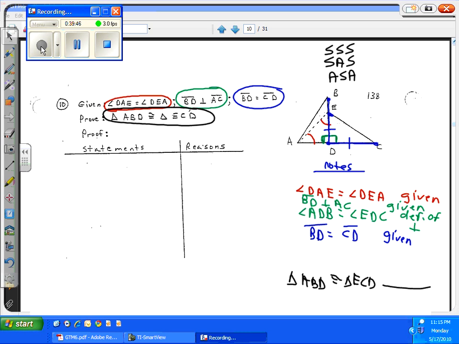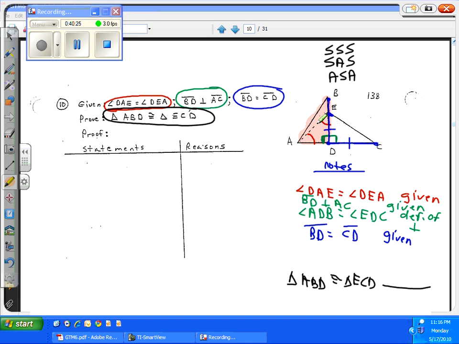So if we look at what we're given so far, and we look in the picture at what we're trying to prove, I think I'll maybe color code this. This may be the easiest way to go here.